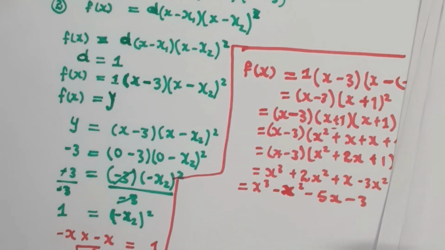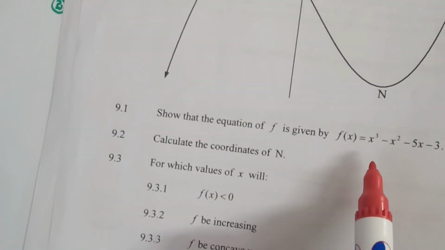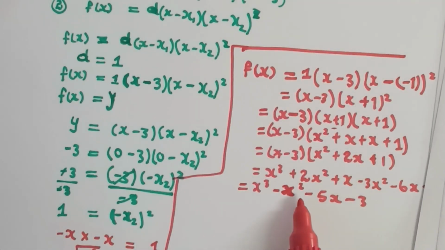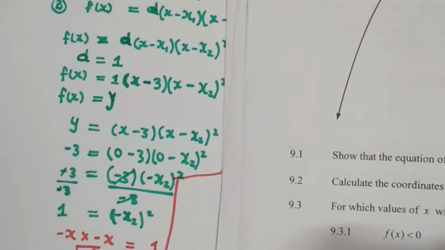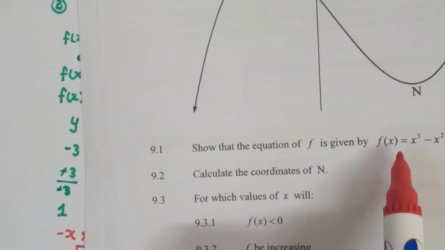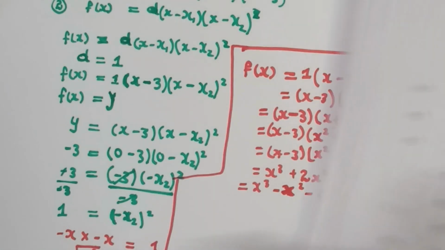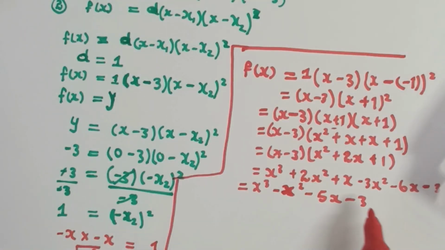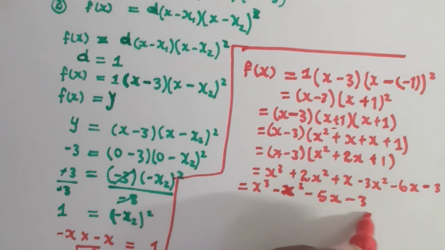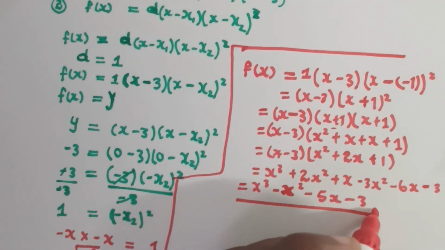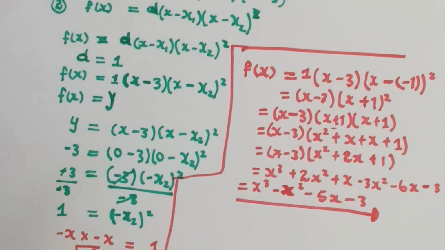Yeah, so here is x cubed, and then negative x squared, here is negative x squared, and then negative 5x, negative 3, and then it's negative 3. So we are done here for 9.1, and then let's jump to 9.2.